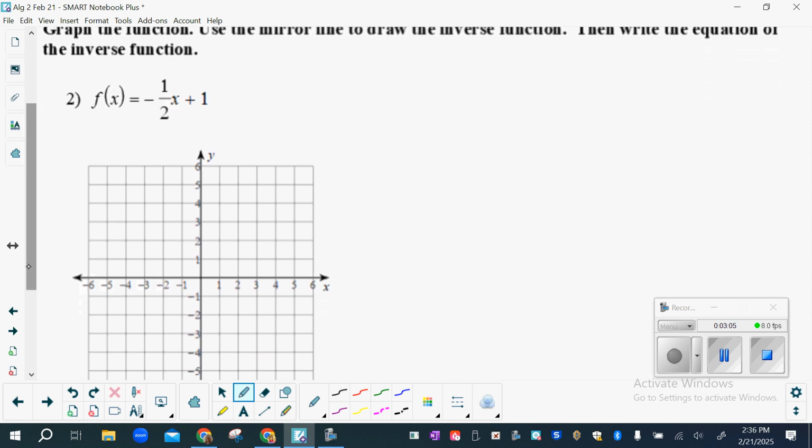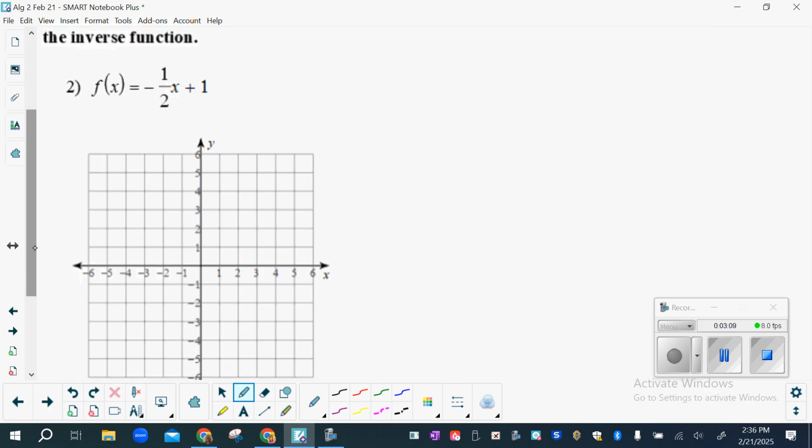So what is my y-intercept on this line? 1. Do I put it on the y-axis or the x-axis? The y-axis. It's really common to put it on the x-axis by mistake.